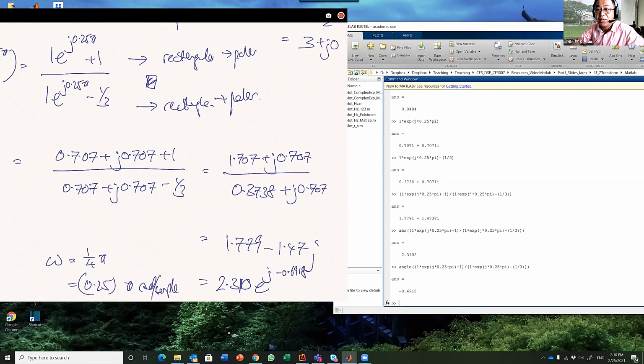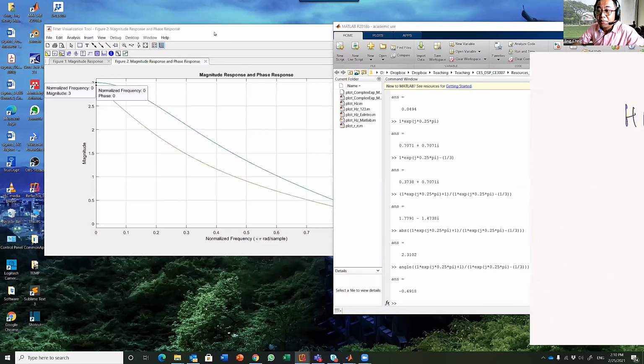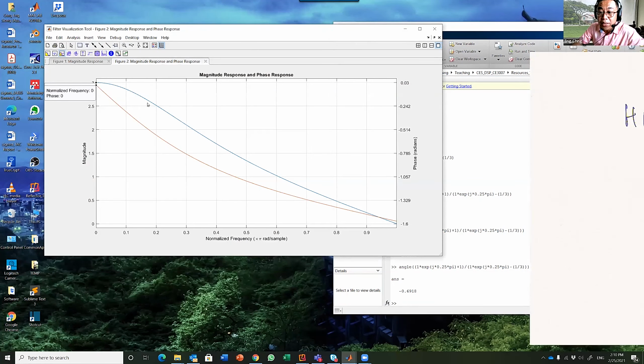Where is it? Let me look at the MATLAB. 0.25 pi is here, about here as well. Okay, I almost got it. I got 2.31, yes, for magnitude, minus 0.69 for phase.